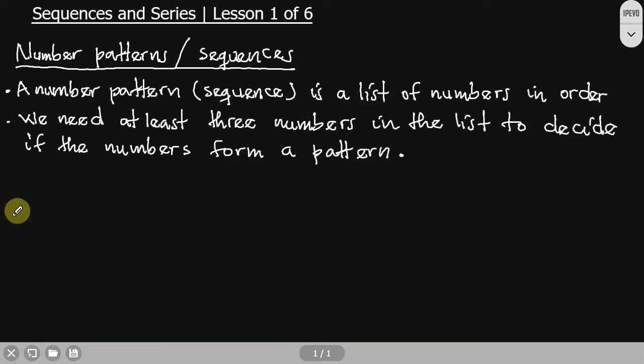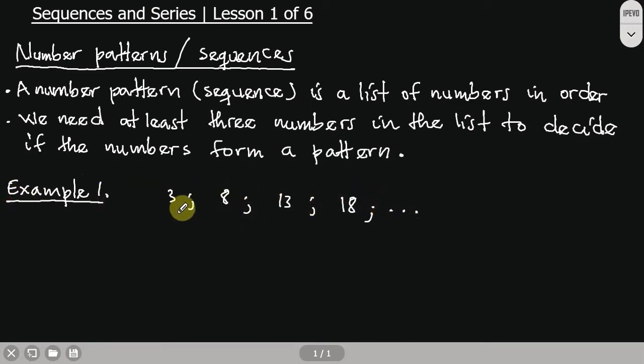Okay, let's see one example. We are going to look at an example to see if the following list of numbers is a pattern. So let's see example number 1. When you observe, we have a list of numbers. Is it forming a pattern? At least we must have 3 numbers to decide. We have 4 numbers, that is enough.